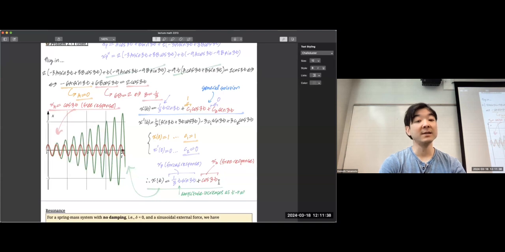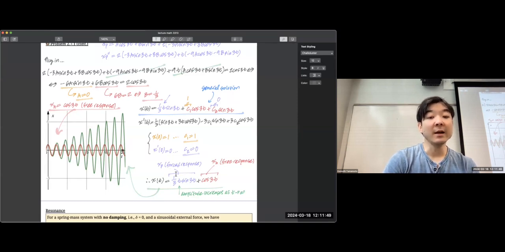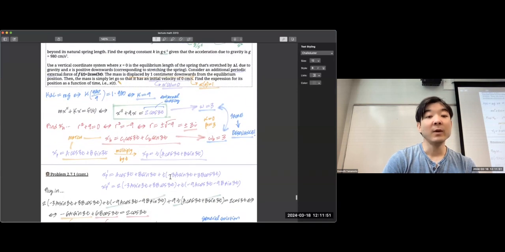This red one has a constant amplitude of 1 the whole time. The combination of those two gives you this green. If you don't have the purple and just the red, then it'll just be this. And the reason there's a t there is because we had to multiply by t right here, because the particular and homogeneous solutions looked the same. And so you had to multiply by t.